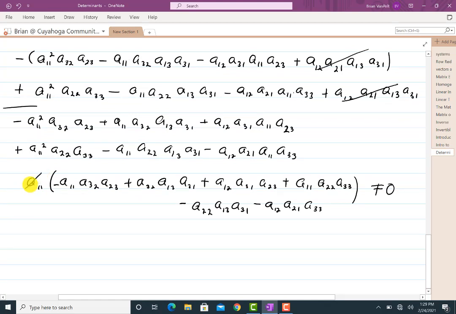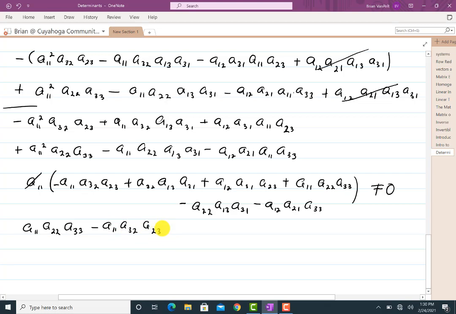So I'm still working with these things here. Now the way I'm going to group them is the following. I'm going to take my A11s together, A11, A22, A33. So anything with an A11, here's that. And I'm going to put it by this one over here, negative A11, A32, A23.